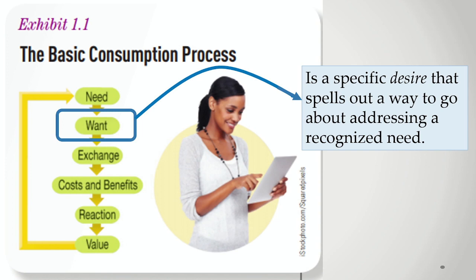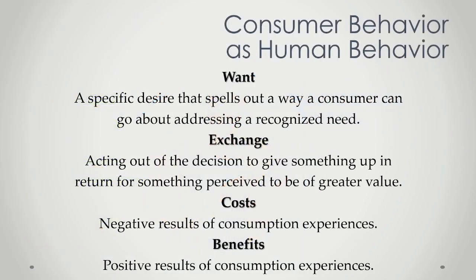All right. Now, a lot of the processes in this basic consumption process we are going to go over in later chapters, but very quickly, the wants are the specific desire to spell out. We talked about that. The exchange is acting on the decision to give something up in return for something perceived to be of greater value.